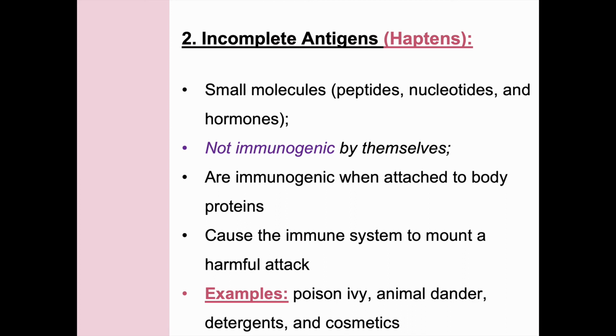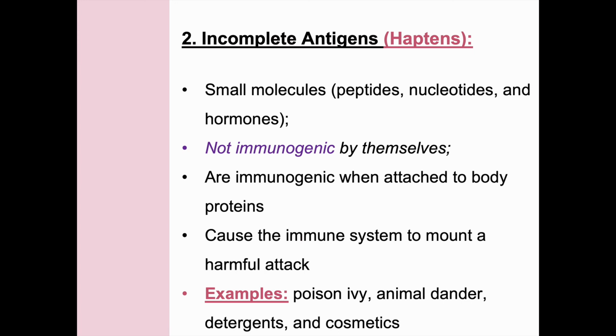Poison ivy is a type of plant material that causes a severe immunologic reaction. Likewise, with animal dander, some people will have continuous bronchial asthmatic reactions.